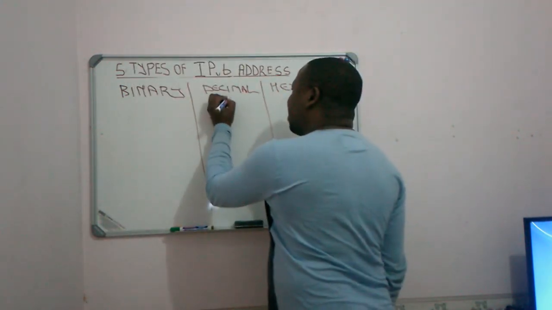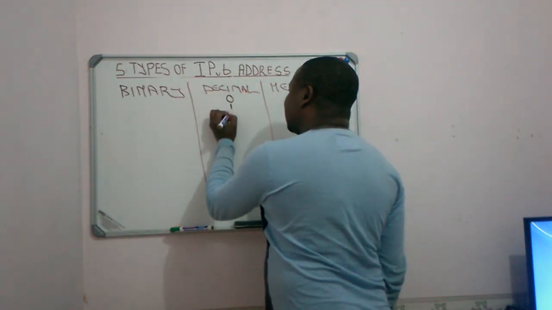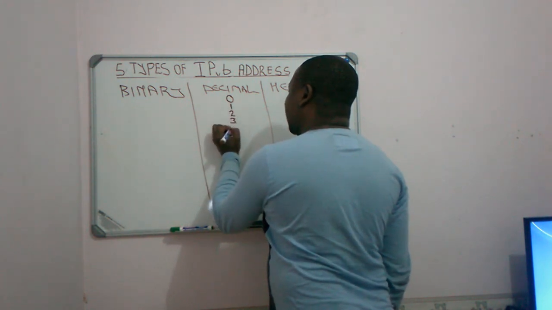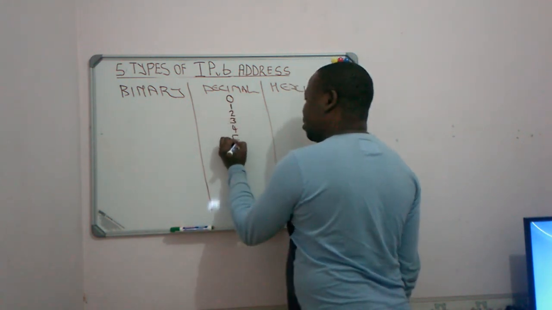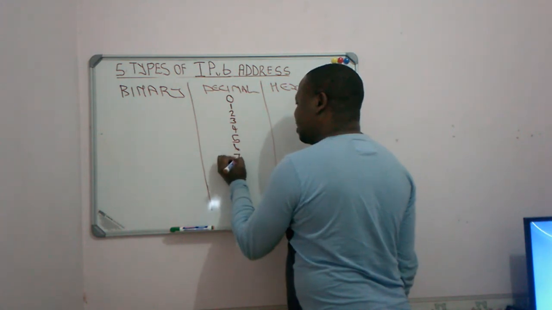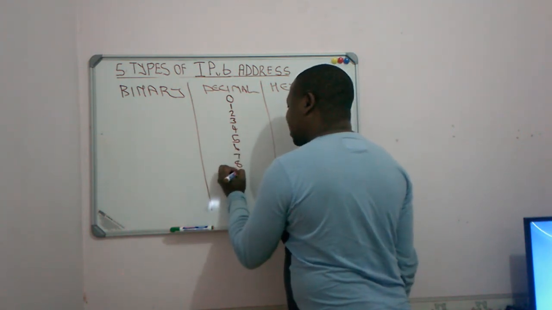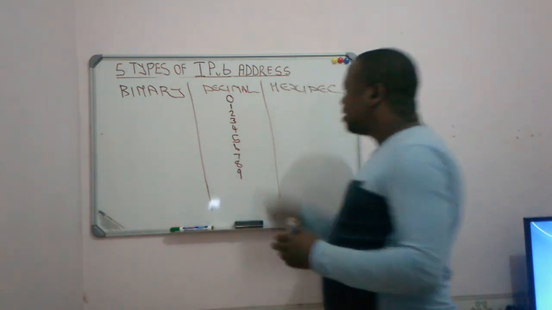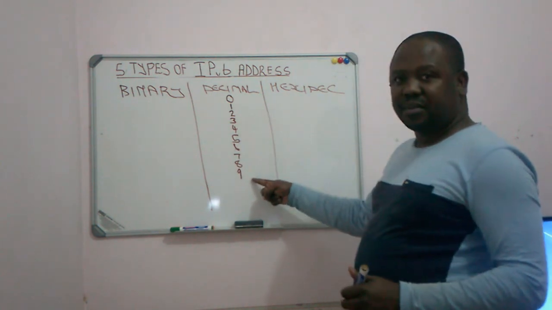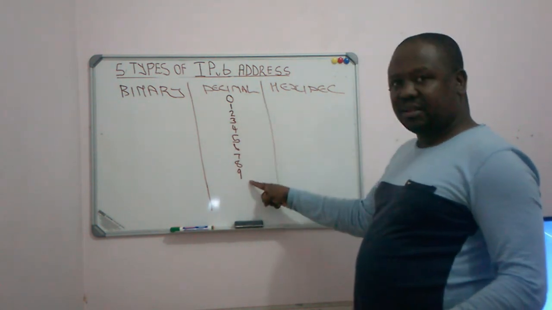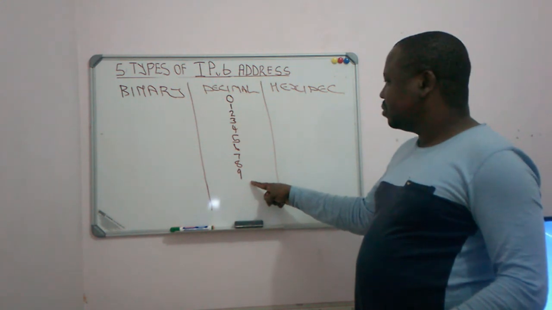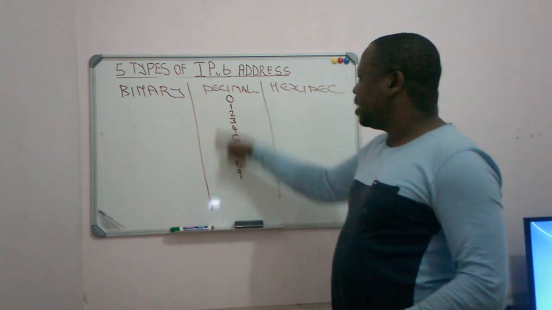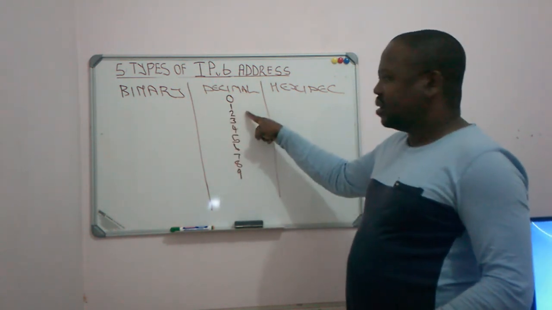The numbers that we have are 0, 1, 2, 3, 4, 5, 6, 7, 8, 9. These are the decimal numbers. We have 0 to 9, meaning we have 10 decimal numbers.